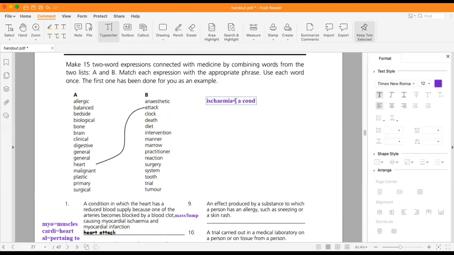It's a condition in which the blood flow and thus oxygen is reduced or restricted in a part of the body.